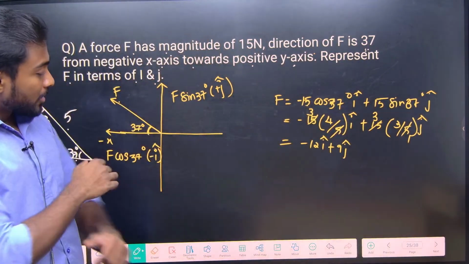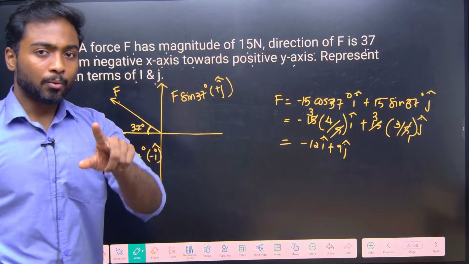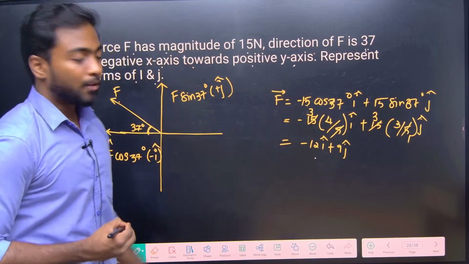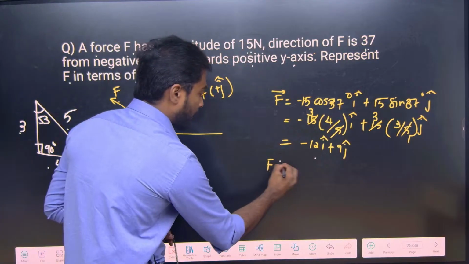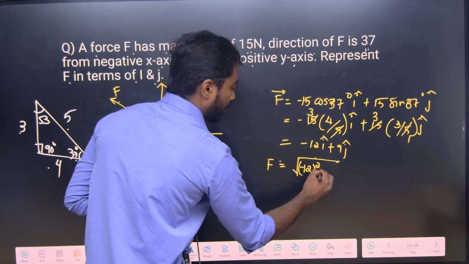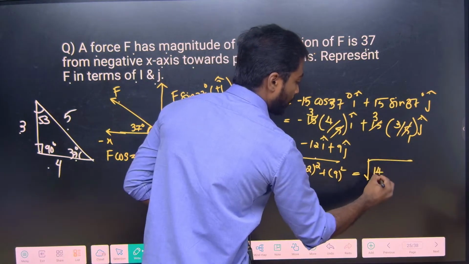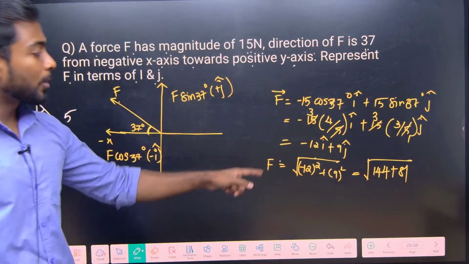Sir, we have taken it like this now, and I will get the same answer. What I told you is, if I take the magnitude of this vector form, I should get the same thing. Which means F is equal to under root of minus 12 square plus 9 square, which gives root 144 plus 81.